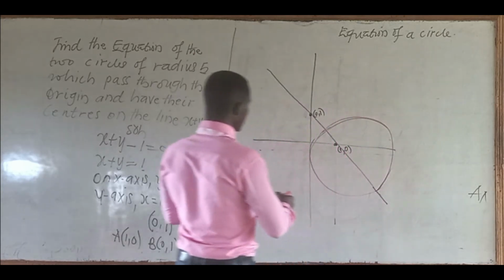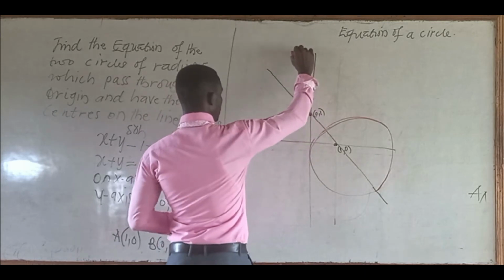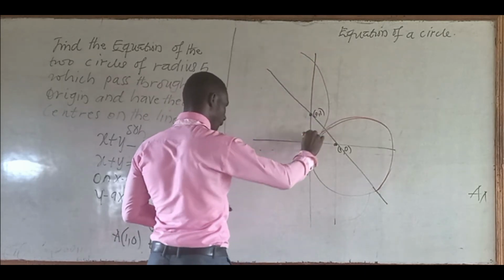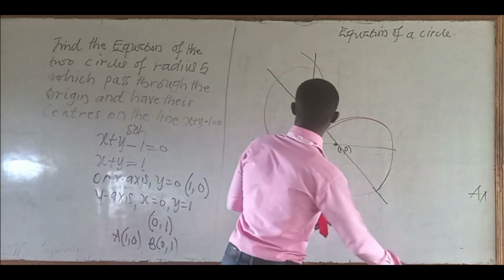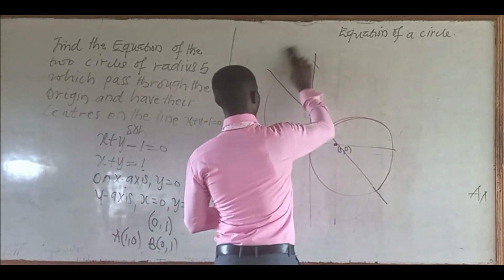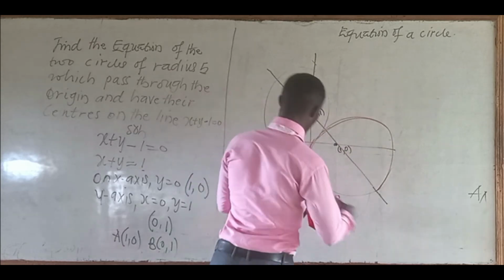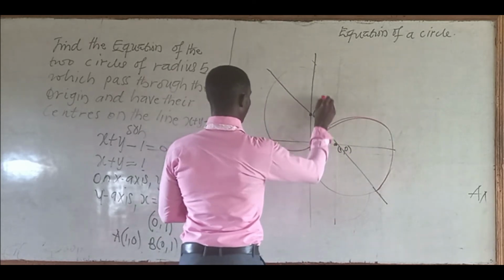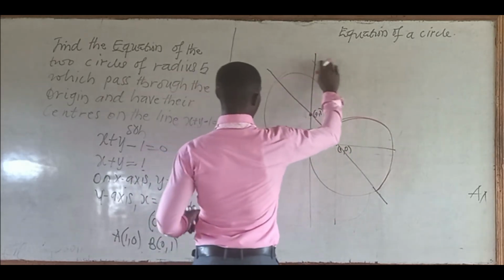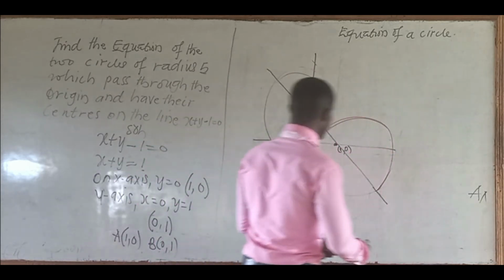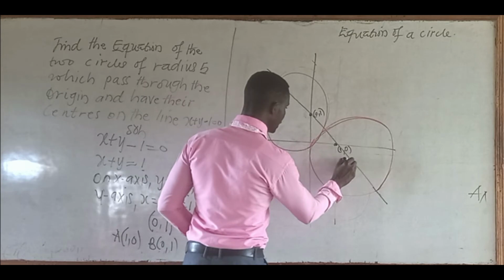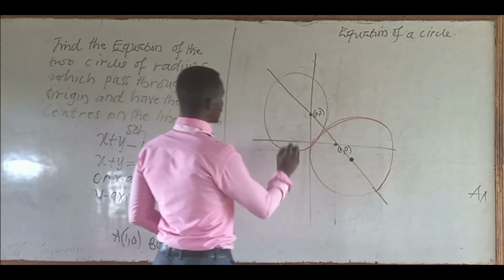This is one of the circles, another circle, and this is also another circle. The question says that they have their centers on the line. So this is the center.